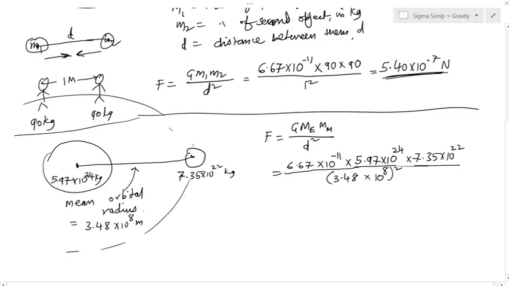A word of caution here: when you are entering this expression in the calculator, we need to be really careful to put these brackets and do the square here. If you plug this into the calculator, you will come up with a force of 2.417 times 10 to the power 20 Newton.